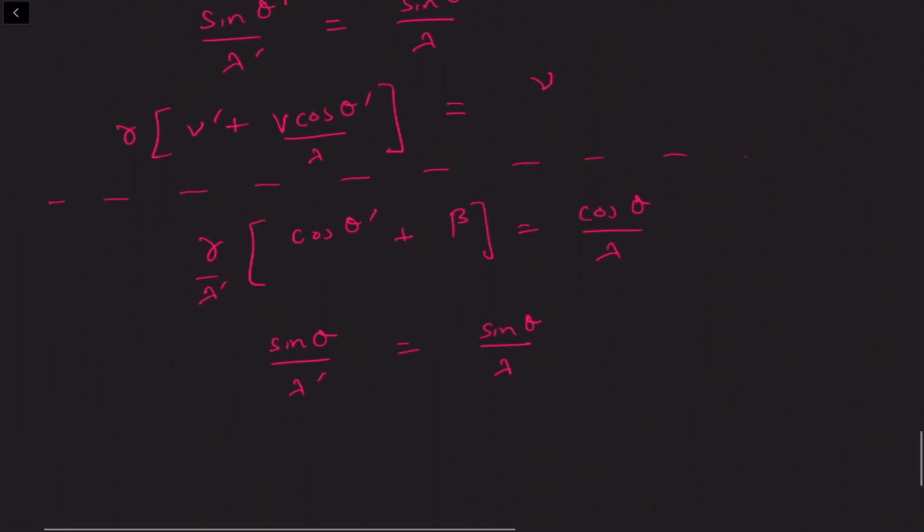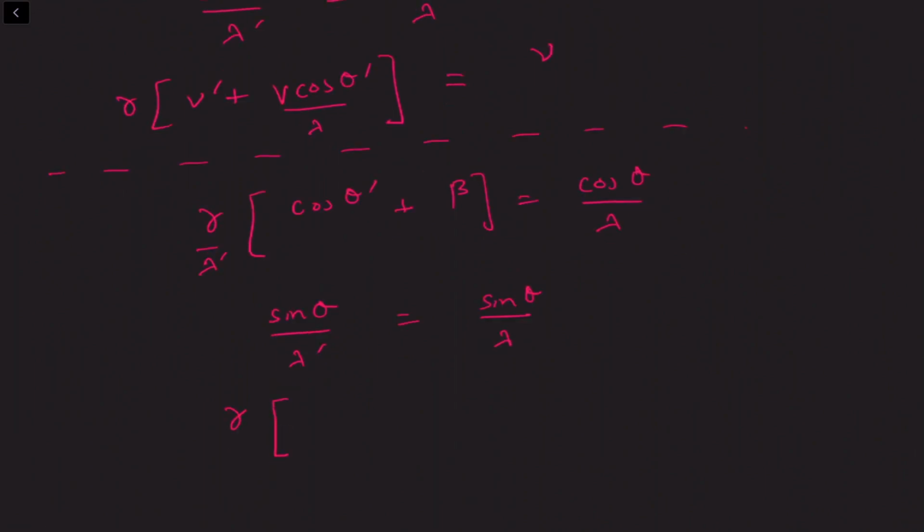And the third equation is gamma times, sorry, this is lambda prime. So this can be written as c over lambda prime plus beta c cosine theta over lambda prime. So again, I'm going to pull out the lambda prime as common.